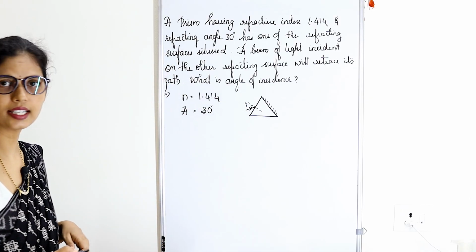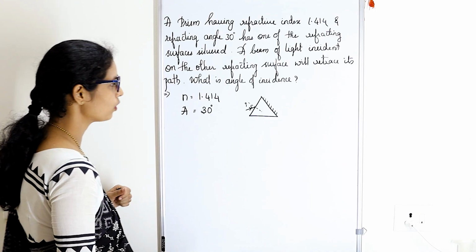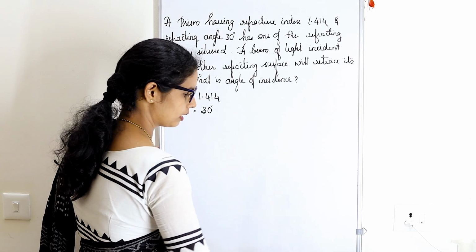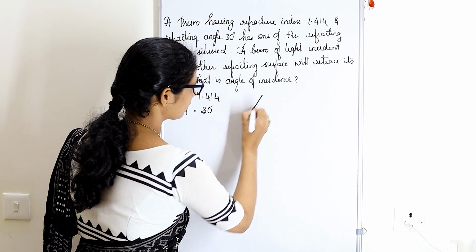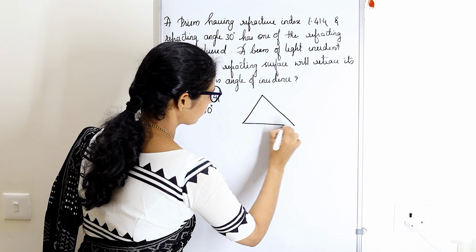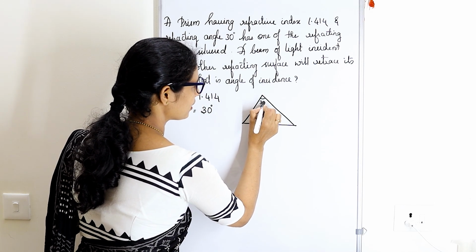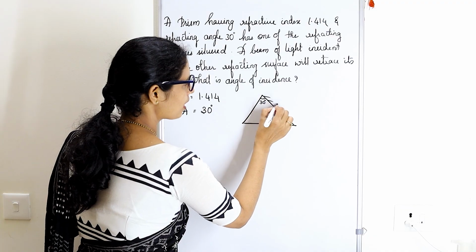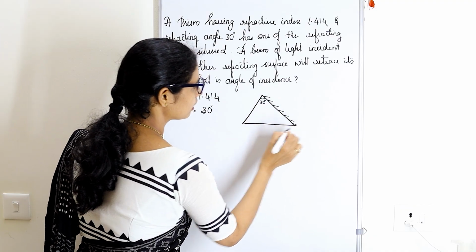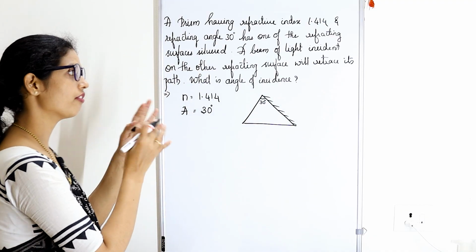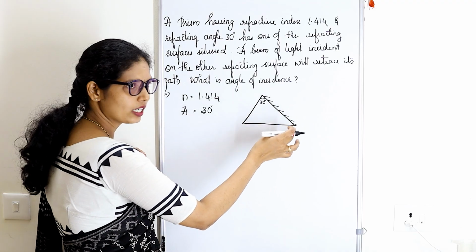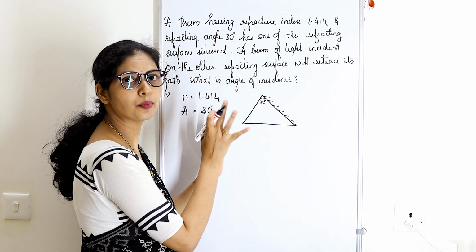I hope you can see it. Should I draw it a bit? Okay, let's see, this is the prism. Here is the angle of the prism, that is 30 degree which they have given, and one of the refracting surfaces is silvered, so it acts like a mirror now.